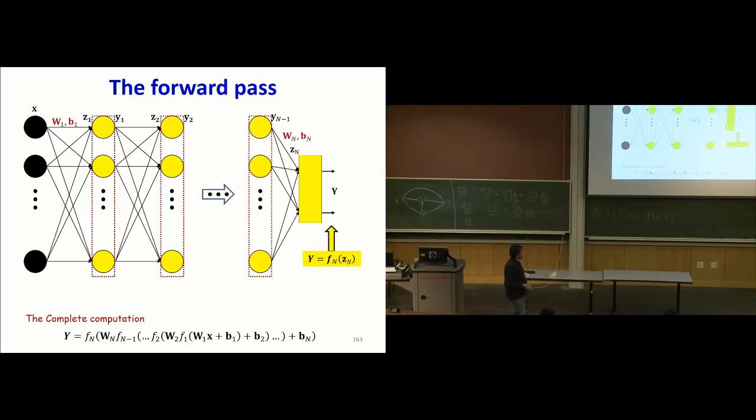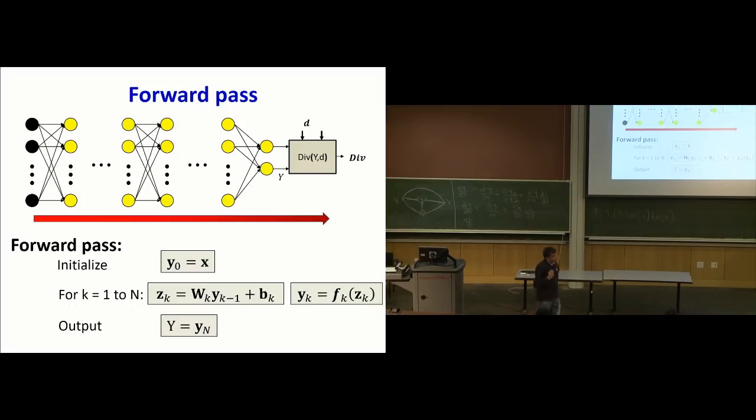So when I actually think of the whole thing, one thing to note is that this explicitly shows you that a neural network is just a huge nested function. But more importantly, if I think of it algorithmically, here is the really trivial forward pass for when I think of the whole network in vector terms.